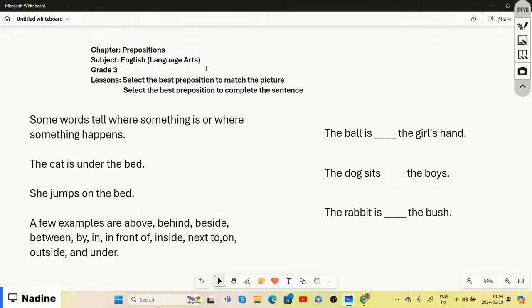Then we're going to select the lessons. The lesson that we're going over is to select the best preposition to match the picture, and to select the best preposition to complete the sentence.